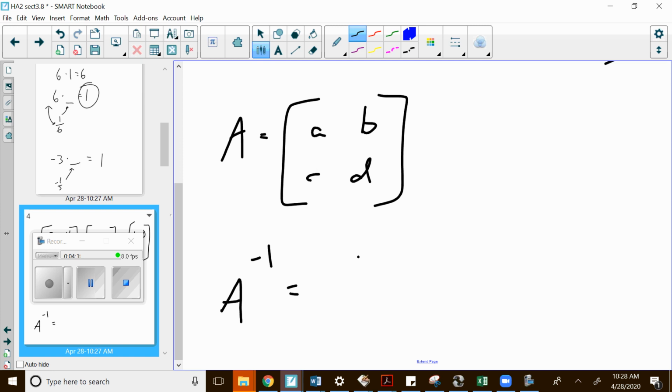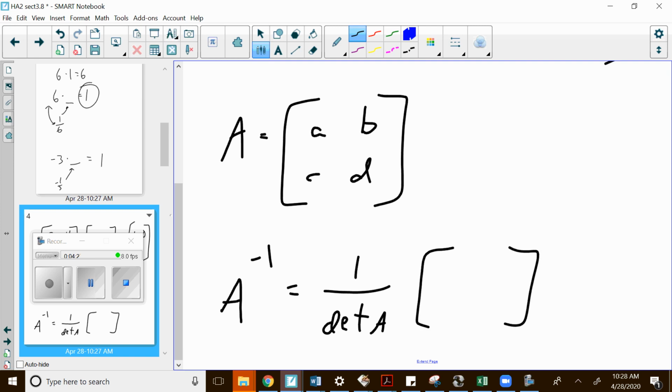It's equal to 1 over the determinant of A, times the matrix that you get when A and D switch spots. So D and A go here and here. And B and C don't change spots, but they do change signs, so it would be negative B and negative C. This is super important to write down.